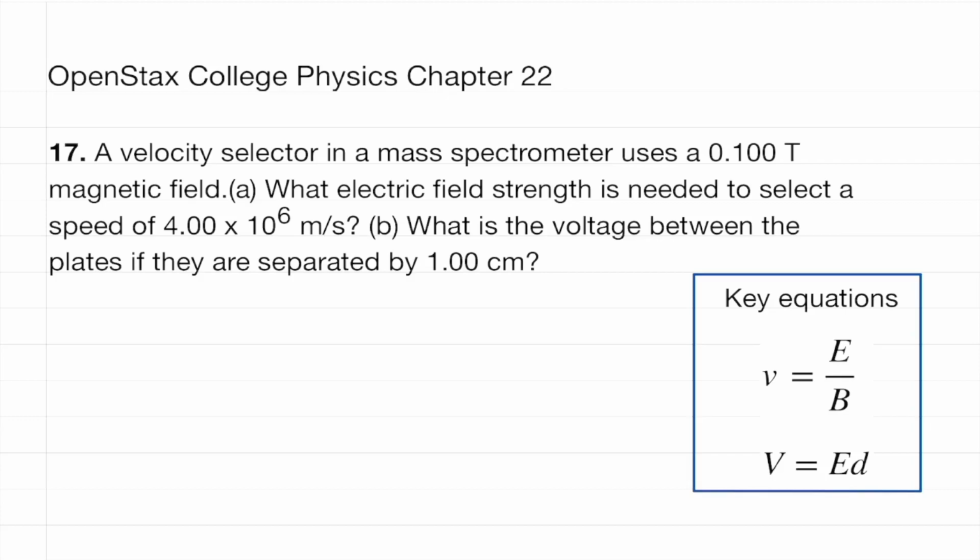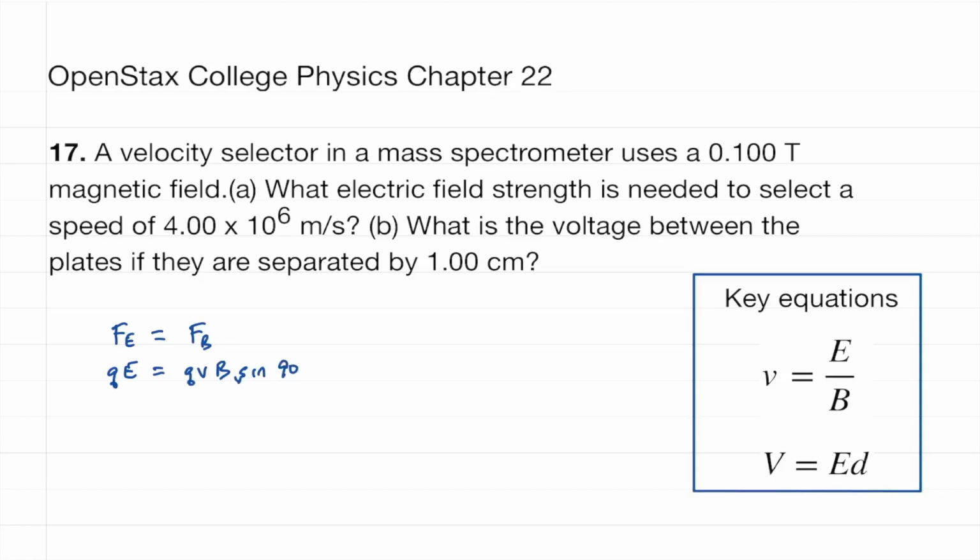Okay, so we have some key equations. The velocity is the electric field divided by the magnetic field. Okay, that one comes from equating the electric force and magnetic force. So Fe is equal to Fb. Okay, and so Fe is Q times E. Fb is QvB, and then we're going to have the velocity and magnetic field perpendicular to each other, so we have sine 90.